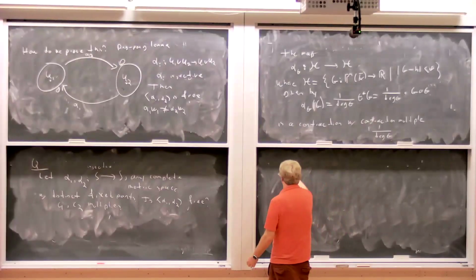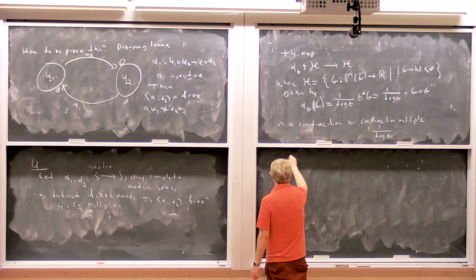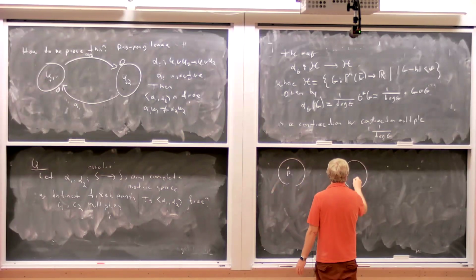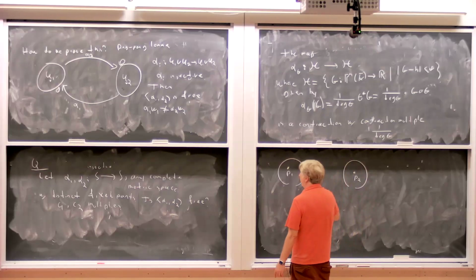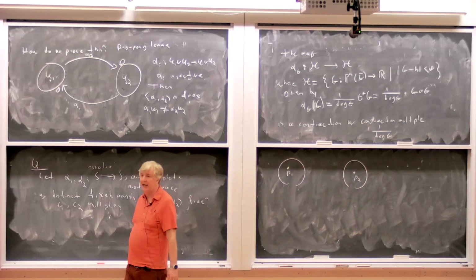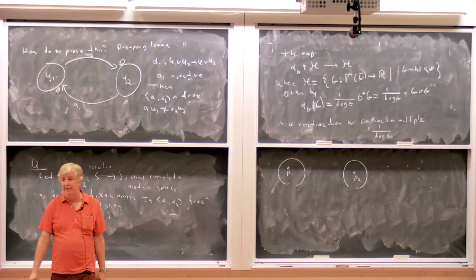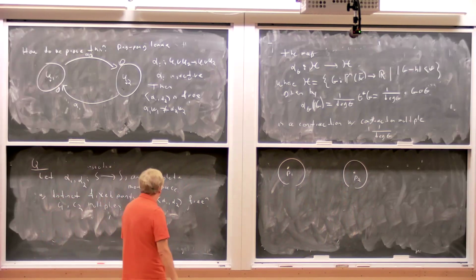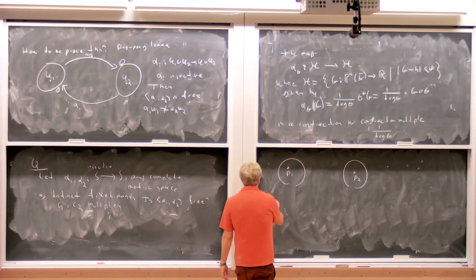So what do I mean? I've got a fixed point for alpha 1, maybe I'll call that P1. That's my fixed point for alpha 1. There's my alpha 2. I do know by this exact same argument, if I throw up enough powers on them, it will become free. But that doesn't mean it's free at the first power. So the answer is not necessarily.